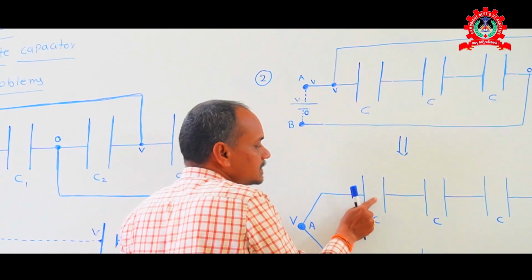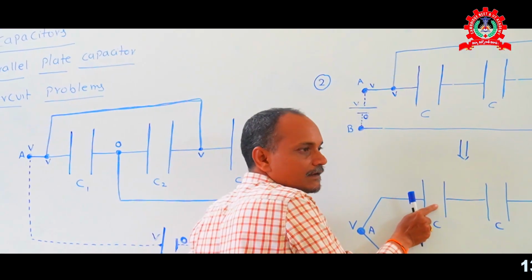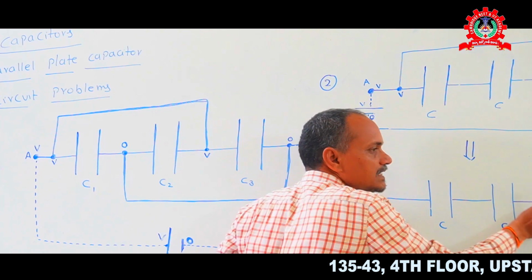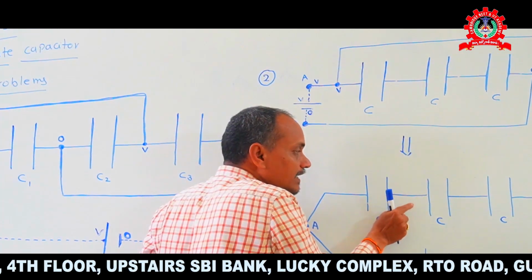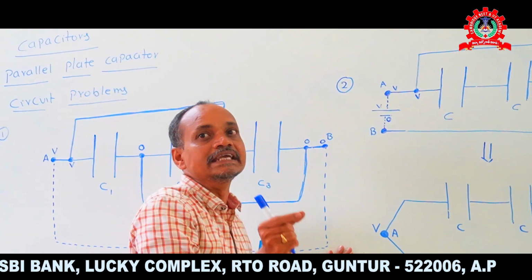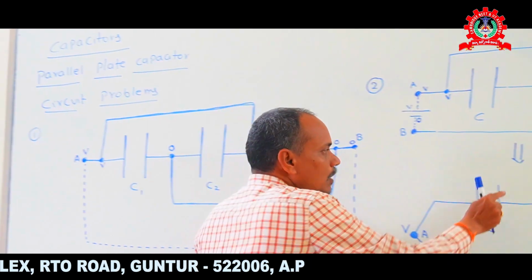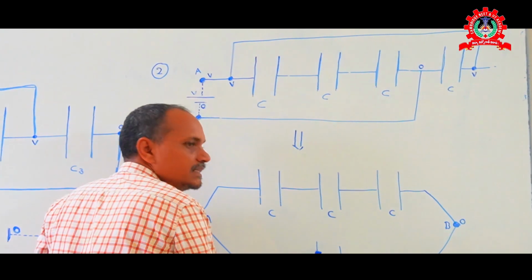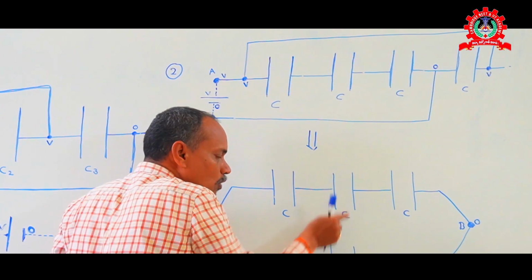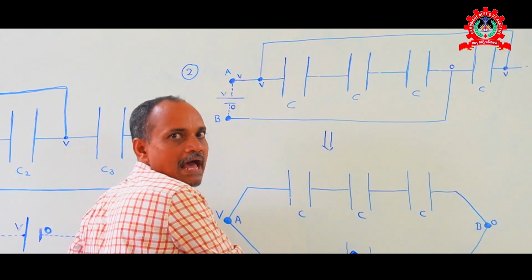These three: 1 by Cs is equal to 1 by C plus 1 by C plus 1 by C, that means 3 by C. So the equivalent capacitance becomes C by 3. So all of these three become C by 3 and this is C. Now these two are in parallel.